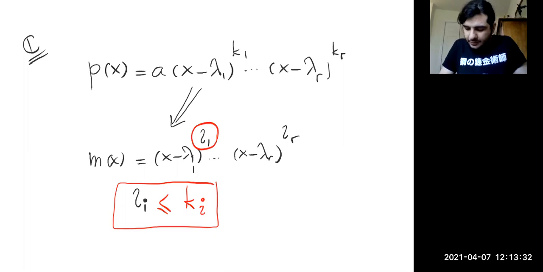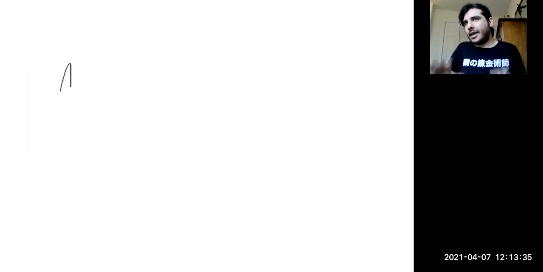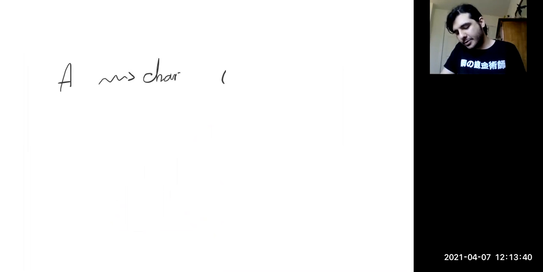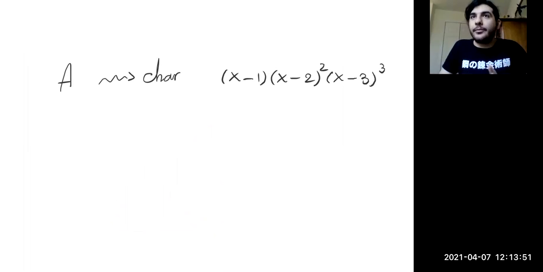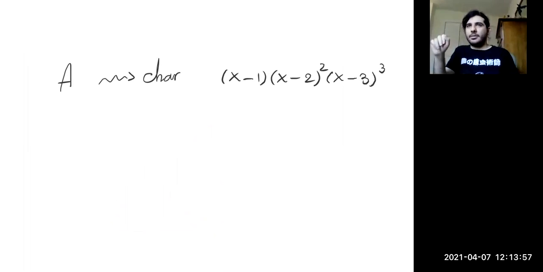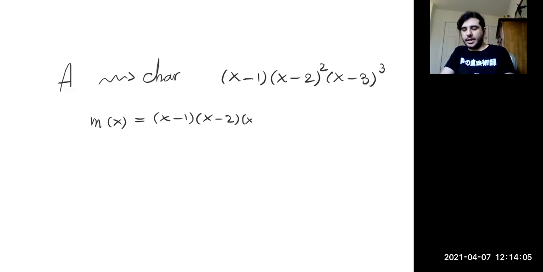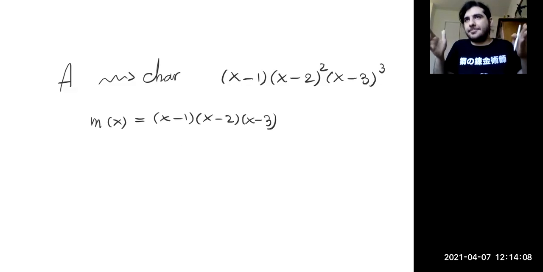So for example, suppose we have any matrix, and we have written its characteristic polynomial as x minus 1 times x minus 2 squared times x minus 3 cubed. And suppose I have not even seen the matrix A. What are the possibilities for the minimal polynomial? It might be x minus 1 times x minus 2 times x minus 3, because all factors do appear in the minimal polynomial.